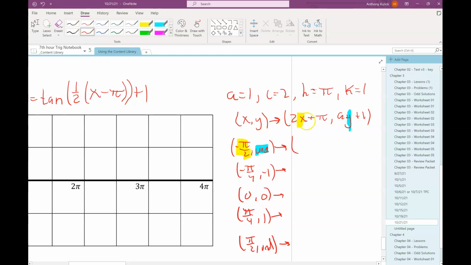So negative pi over 2 times 2 is going to be negative pi, and plus pi is 0. And no matter what you do to the undefined, that stays undefined.